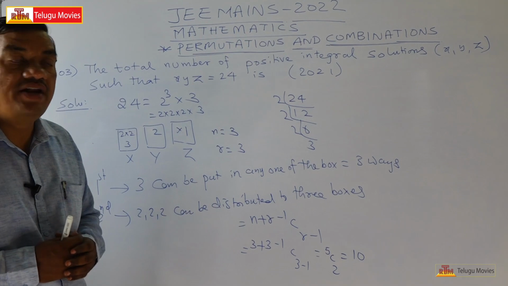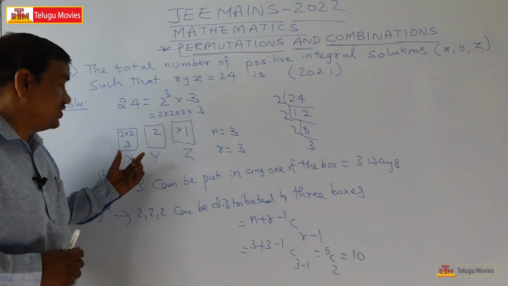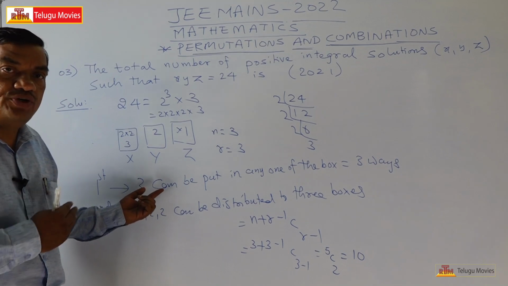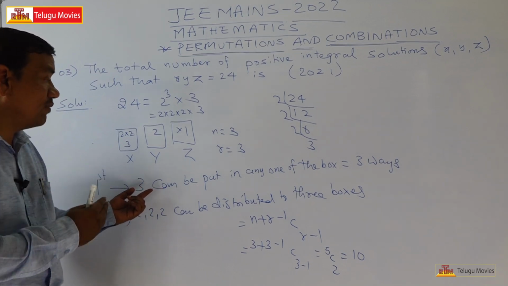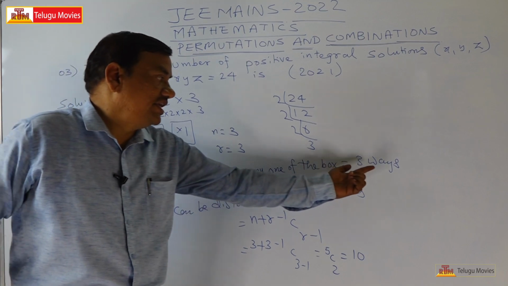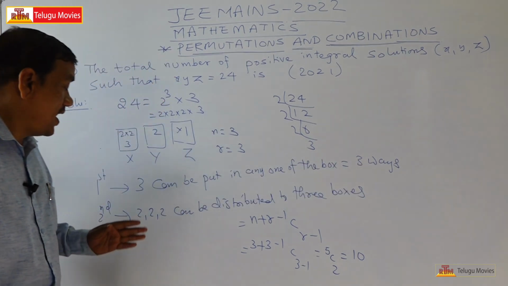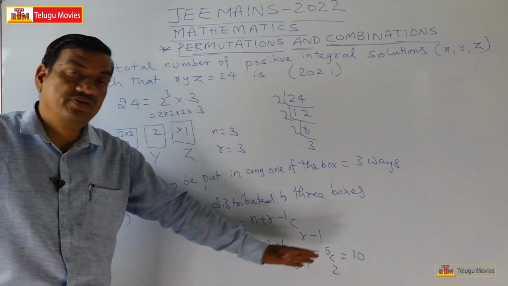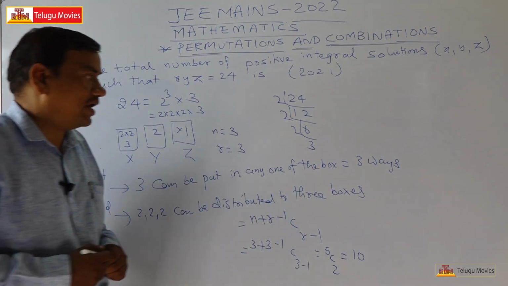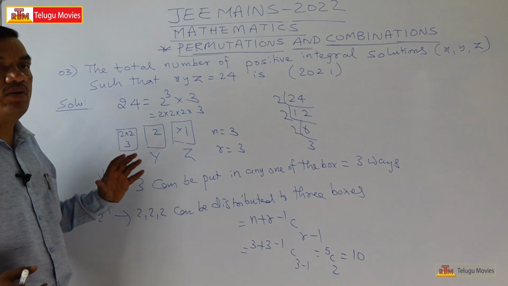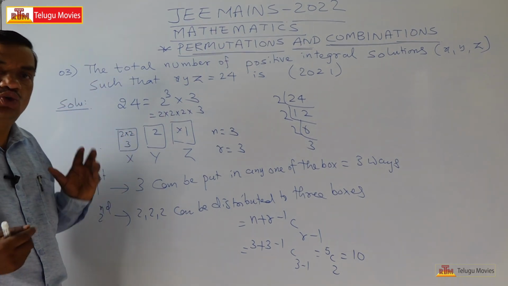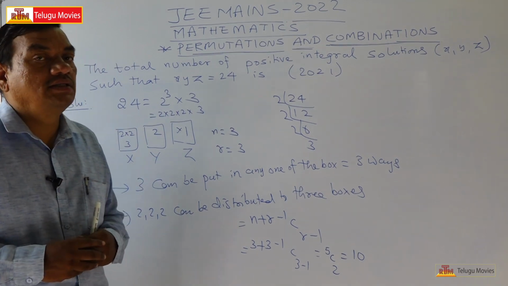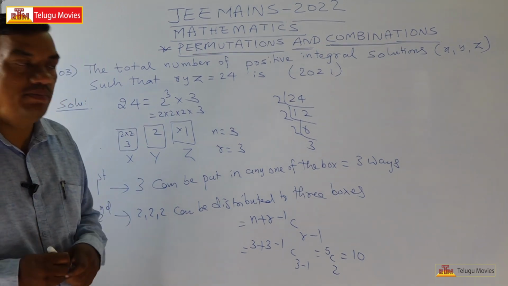Now coming to the final answer, the 3 can be put in any one of the boxes in 3 ways, and the values 2, 2, 2 can be distributed in the 3 boxes in how many ways? 10 ways. Now to complete this problem, all three boxes x, y, z should be filled at a time, and this can be done by the multiplication rule.